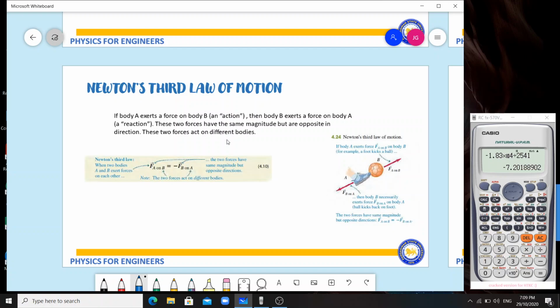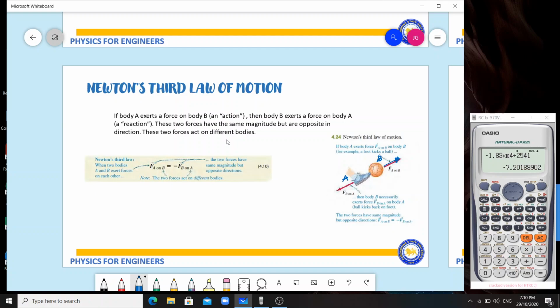So, for example, here is a foot and a ball. Okay. Etong force ni foot sa ball, okay, is this one. Kasi ang foot natin is, let's denote it as A and then B yung ball, okay?